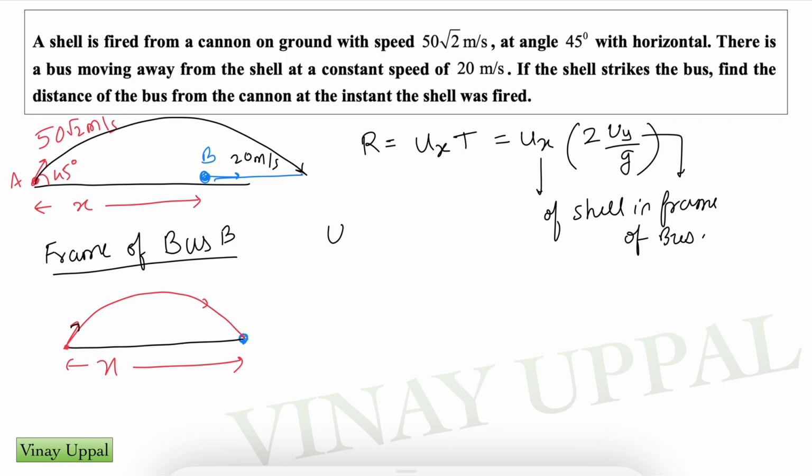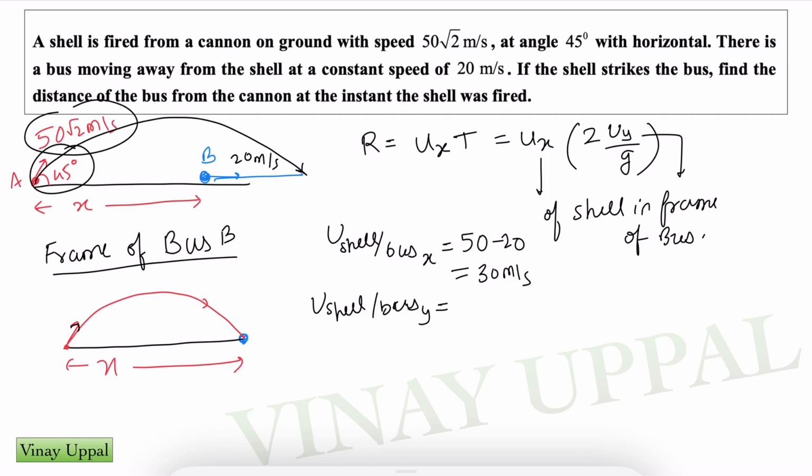So initial velocity of the shell with respect to bus, the x component of that is going to be, what is the x component of the shell in the ground frame? 50 root 2 cos 45, so that is 50, minus the velocity of the bus, which is 20, this is 30 meter per second, so I have ux as 30. Similarly, what is the velocity of the shell with respect to bus, the y component of that? 50 root 2 sin 45, so that will be again 50, and there is no y component for the bus.